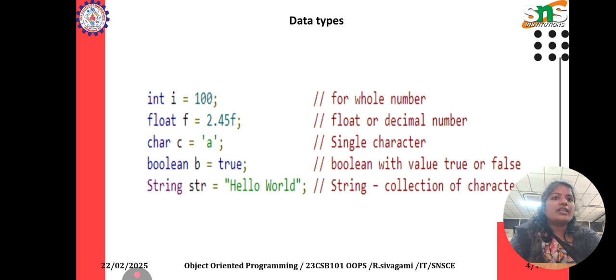And then string. What does string mean? A sequence of characters is known as a string. The string value is enclosed with double quotes, and a character is enclosed with single quotes.